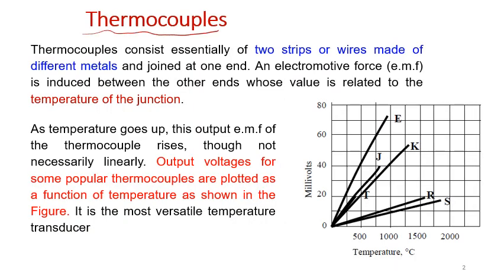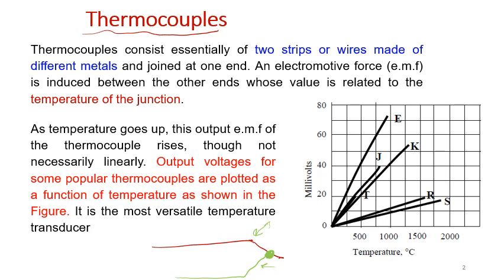Thermocouple is nothing but wires of two materials joined together, material A and material B, joined at a certain point. That's it. The combination of materials will decide the type of thermocouple.